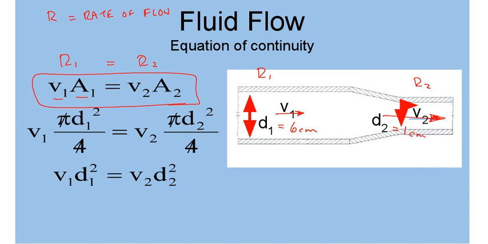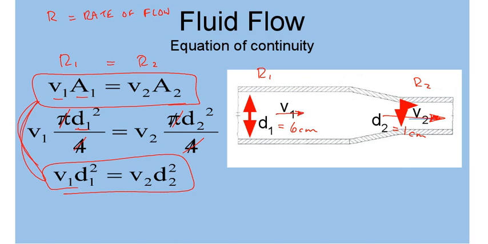So maybe you want to say area 1 is pi diameter squared over 4, or pi r squared would work too. But here we're working with the diameters. The pi's would cancel on either side, the 4's cancel, and I end up with this thing. That might be a nice alternate way. Either one of these works fine.